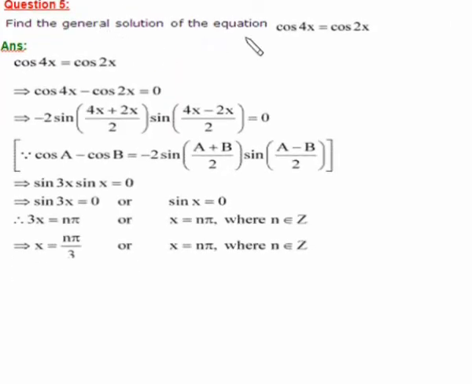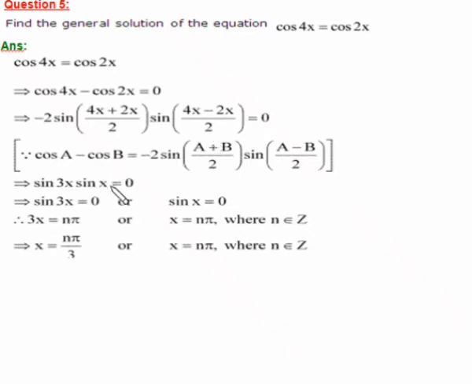Now comes the next question. Here is a very simple question: cos 4x is equal to cos 2x. We take this one to that side: cos 4x − cos 2x. We apply the condition for cos A − cos B. We get the result −2 sin((4x + 2x)/2) sin((4x − 2x)/2). We get −2 sin 3x sin x, because (4x − 2x)/2 is x.